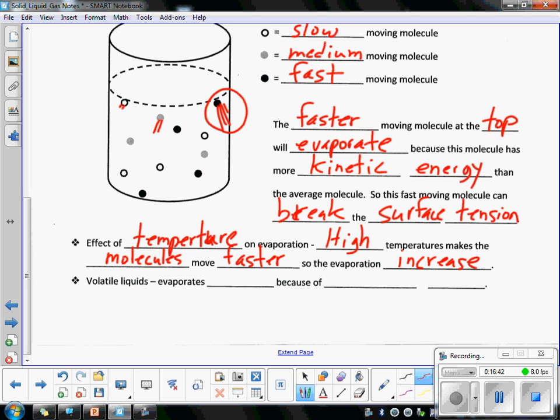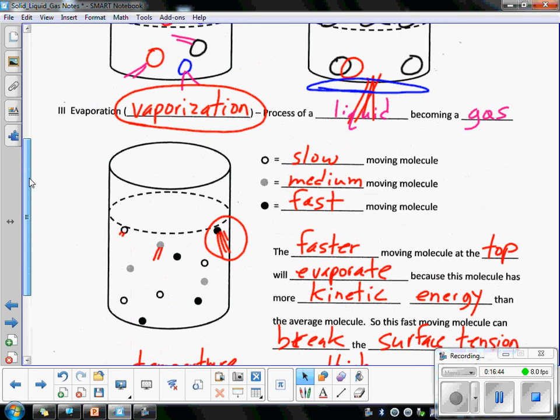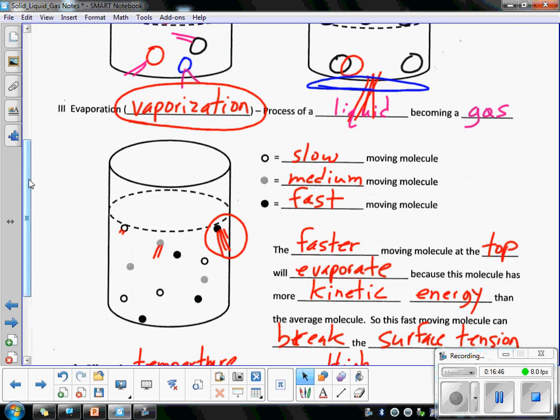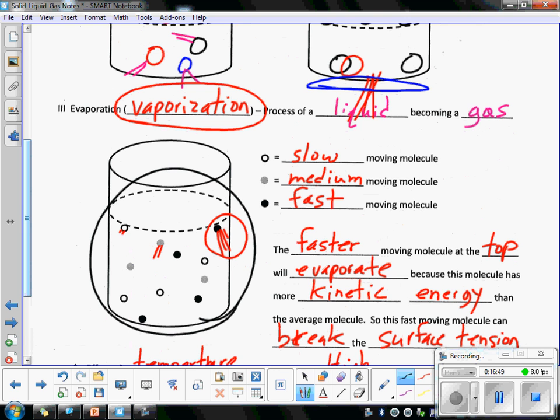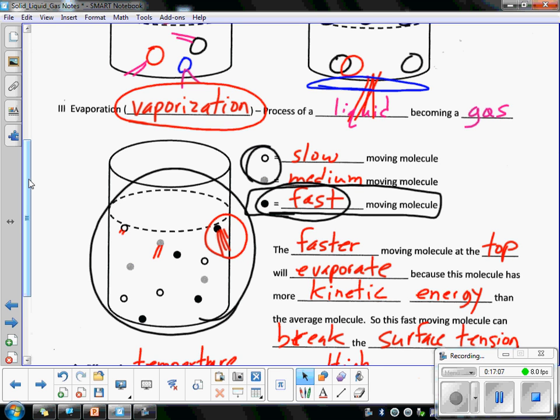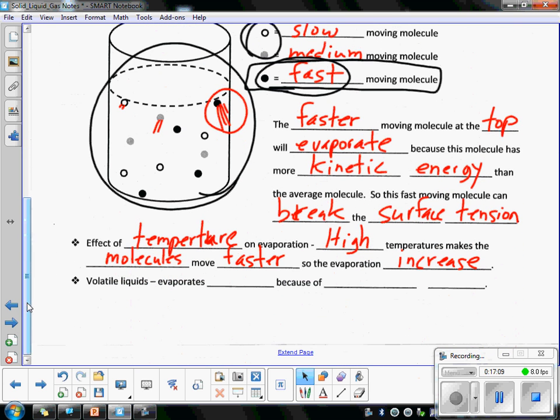The thing you need to realize is, even at room temperature, this is happening. You have water sitting at room temperature. The only difference is at room temperature, there aren't very many particles that are moving fast. Most of them are in here, and so they're not breaking free. But there are going to be some that are moving fast, and as a result, they will break free and you get evaporation.